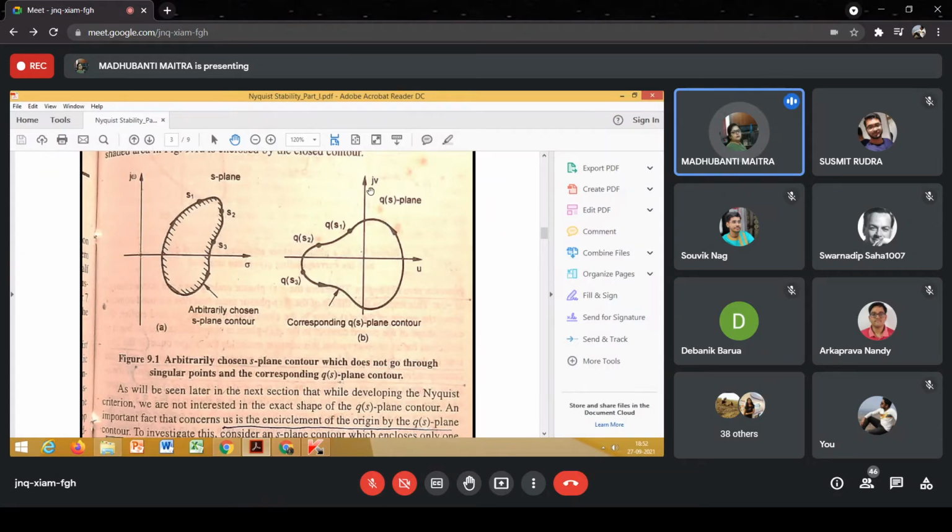So Q(s) is the mapping function. The given function Q(s) is the mapping function with the help of which a point on the s plane where Q(s) is analytic can be mapped onto a point on the Q(s) plane. Clear?